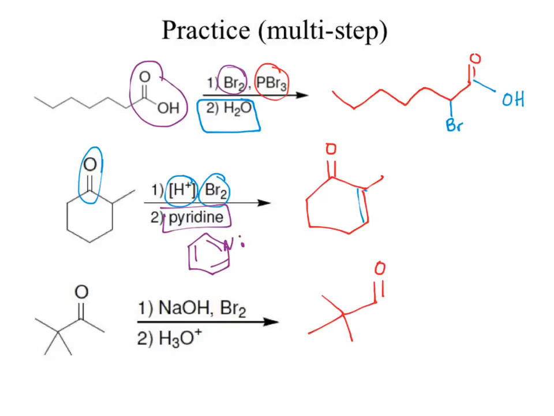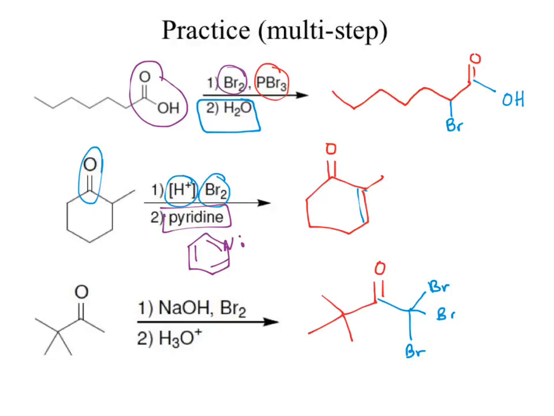Same deal, alpha halogenation. That base pulls off hydrogens from our alpha carbon, which is only on the right-hand side, and we have a bromine. But since it's under basic conditions, we can't stop it. Okay. This was a fun little tricky one.